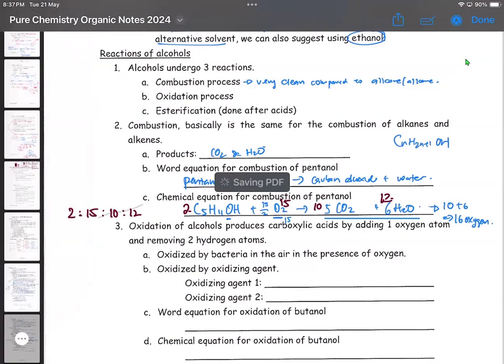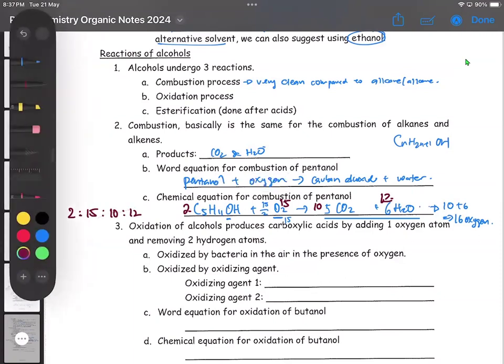All right, any questions for combustion balancing equations for alcohols?